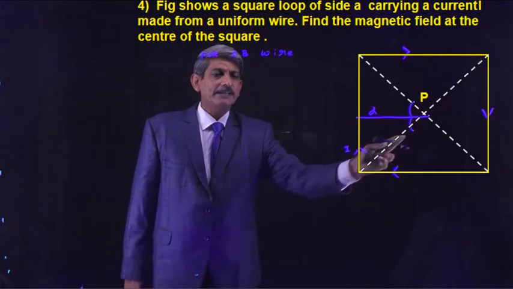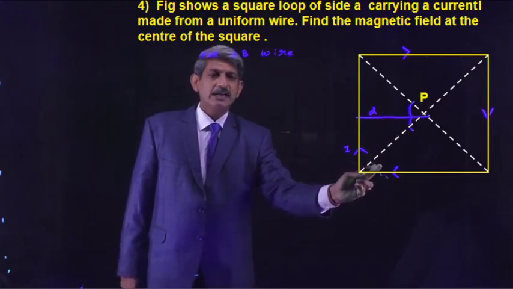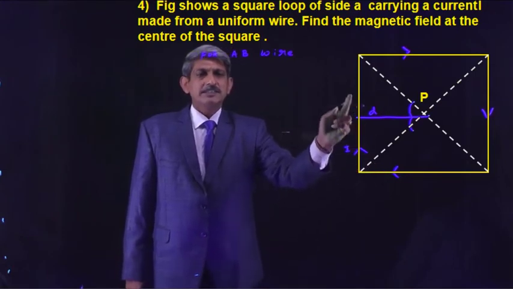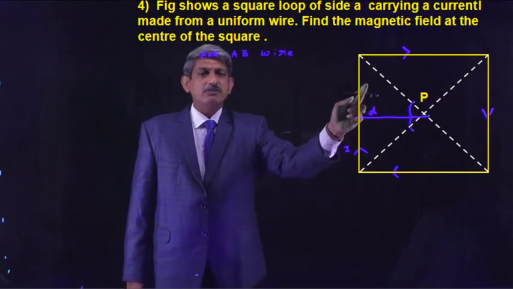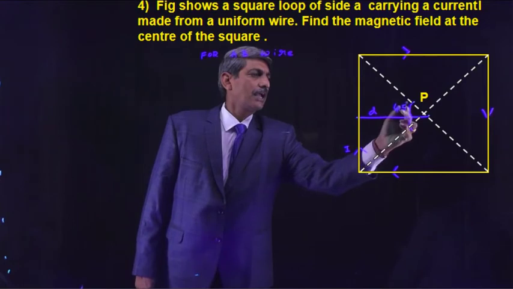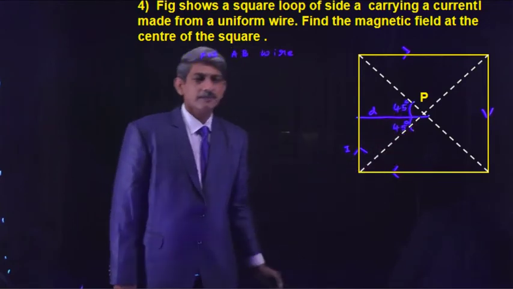This is the perpendicular bisector. That's why this angle is equal to 45 degrees and this angle is also equal to 45 degrees. Similarly, this angle is also equal to 45 degrees and this angle is also equal to 45 degrees.